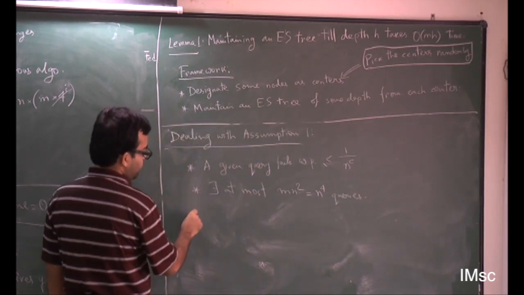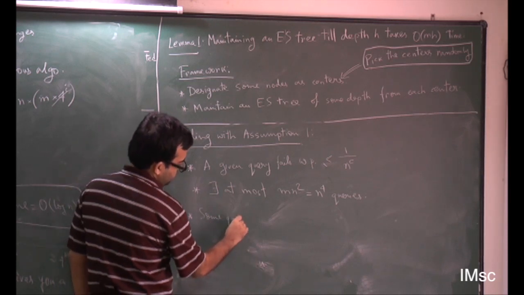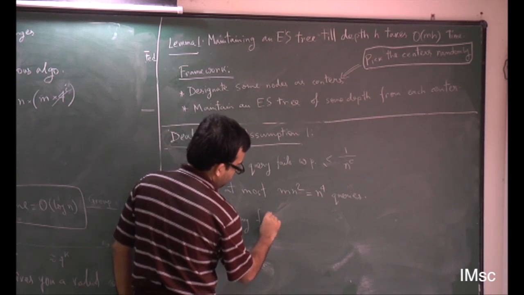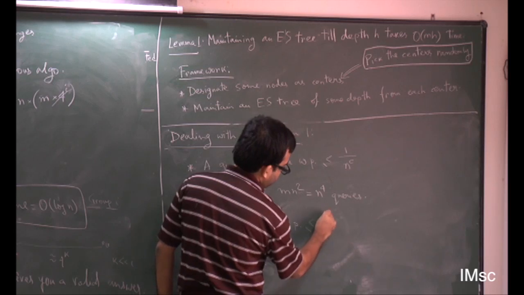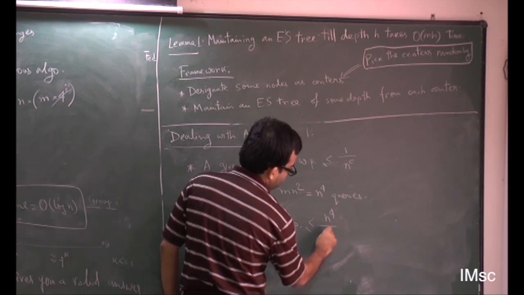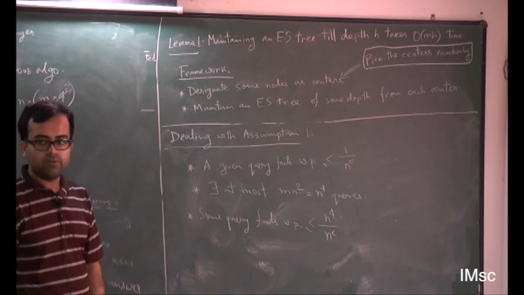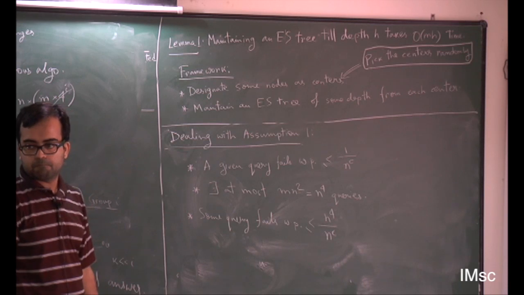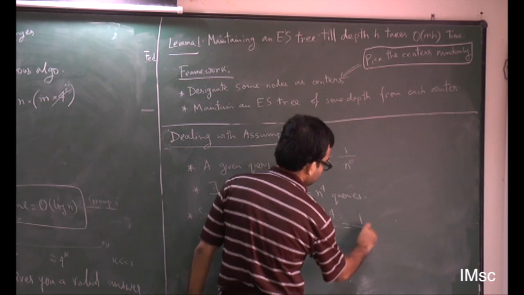So, by union bound, some query fails with probability at most. Now, if you just make c to be sufficiently large compared to n, this is still going to be a high probability event. Okay. So, you just say that this is.